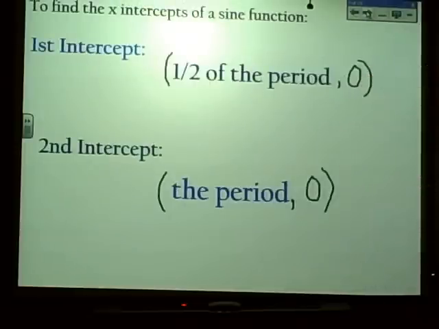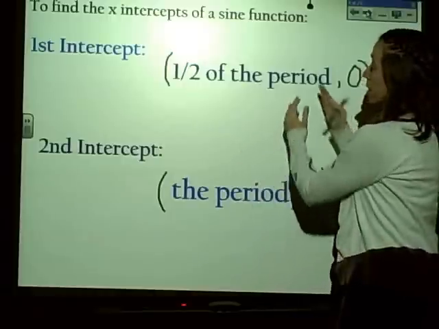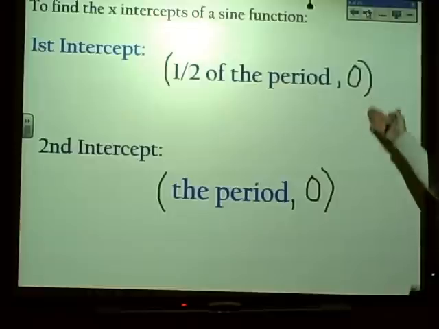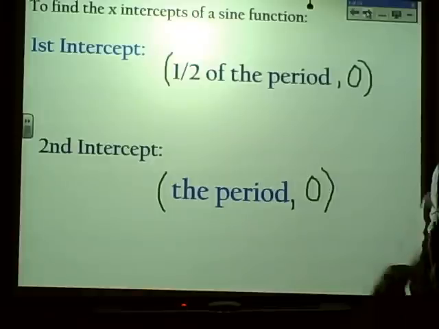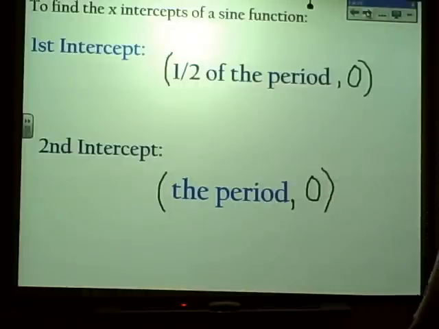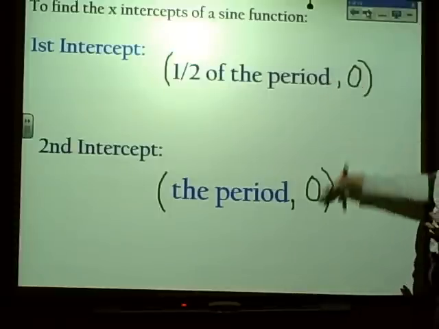To find the first x-intercept, remember, x-intercepts are coordinate points. Okay, so this would be the coordinate point of half of the period, and then 0. And the second x-intercept, so the second place where you cross the x-axis, is the actual period and 0. So for problems, you guys would have to identify the x-intercepts. This is how you find those.